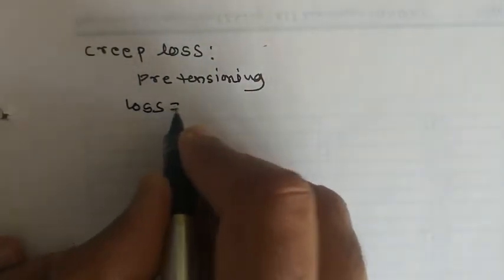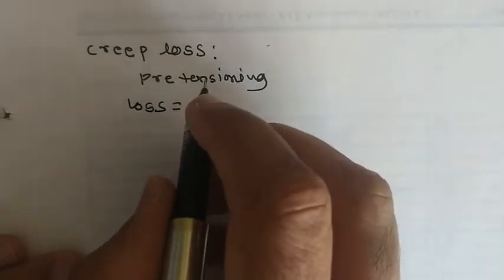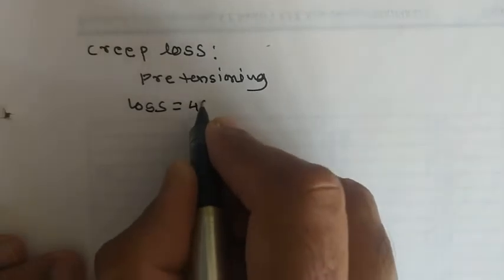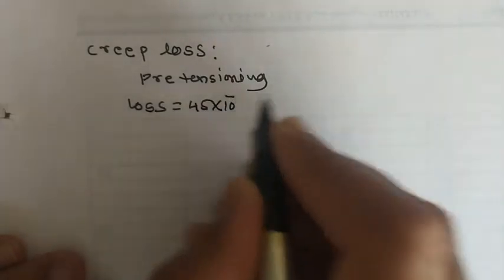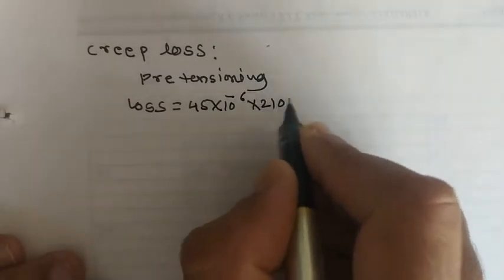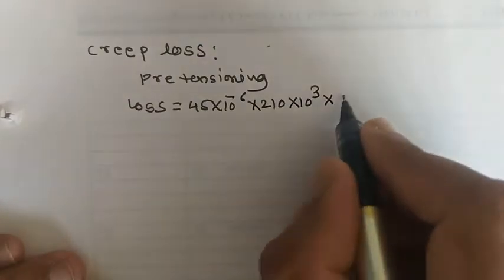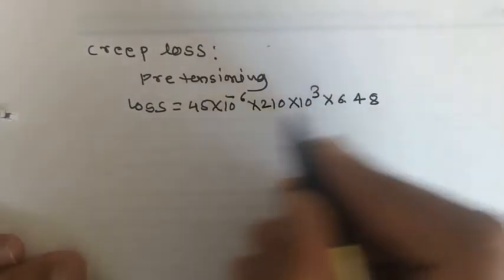So the loss for pre-tensioning, the creep strain is 45 into 10 raised to minus 6, Es is 210 into 10 raised to 3 multiplied by fc. The value of fc is 6.48.